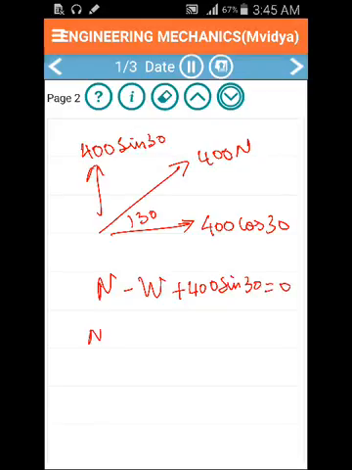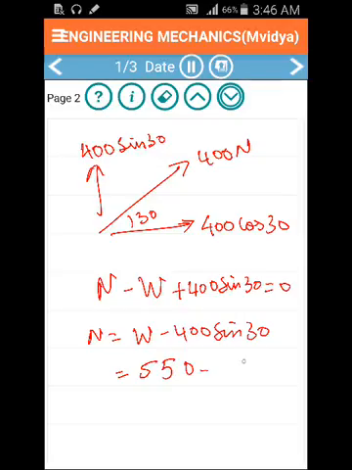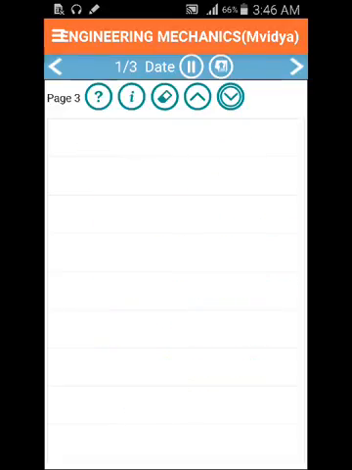So from here I can get N is equal to W minus 400 sin 30. W is given as 550 Newtons, minus 400 into sin 30, which is 0.5. So 550 minus 200 is 350 Newtons.